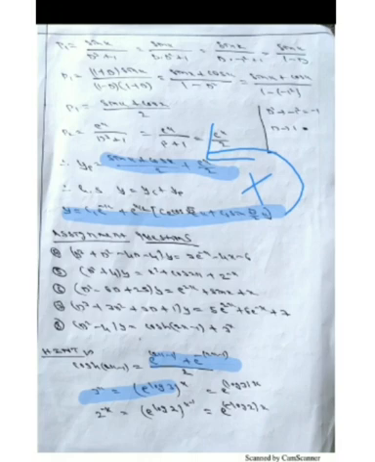Similarly, 3 raised to x can be written as e raised to log 3 raised to x, which is e raised to log of 3 into x. 2 raised to minus x is e raised to log 2 raised to minus x, that is e raised to minus of log 2 into x. So here you can use a as minus log 2 and a as log 3.